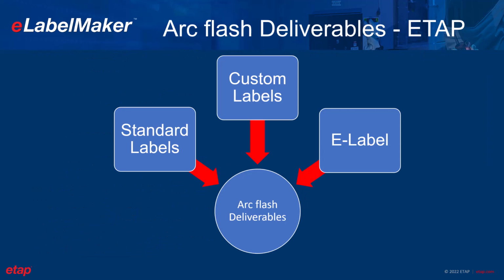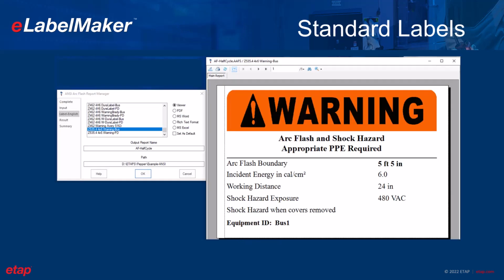In ETAP, we do comply with all those safety standards and the symbols associated with them, and we have been providing solutions till today using our ArcFlash standard labels feature or the custom labels feature. The ArcFlash standard label feature is already available in your installation directory, where you can basically have your own ArcFlash labels based on the templates provided by ETAP, and you can generate them in your own local language.